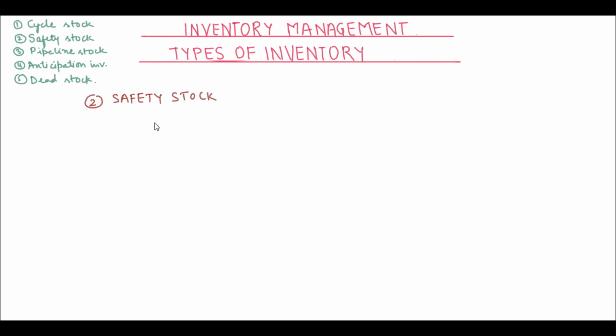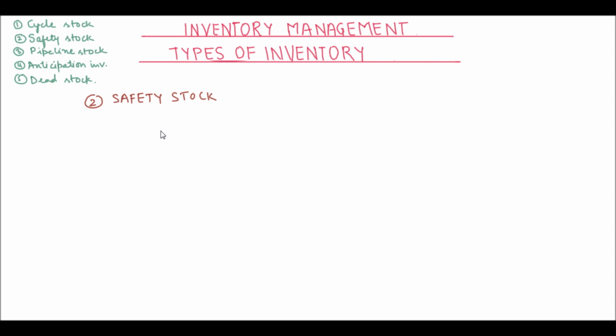Now let's look at the second type of inventory, which is the safety stock. Now companies hold safety stock in order to avoid customer service problems and the hidden costs of unavailable components.